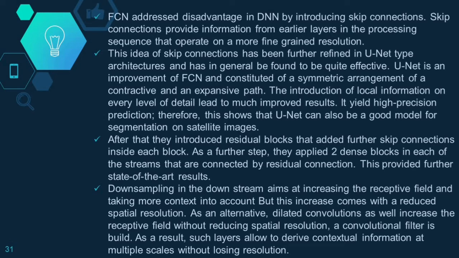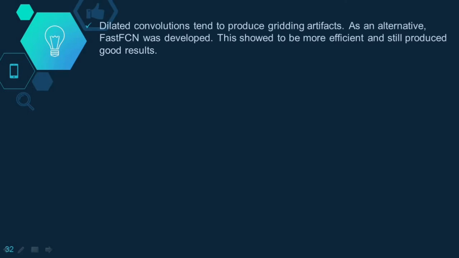But this increase comes with a reduced spatial resolution. As an alternative, dilated convolutions also increase the receptive field without reducing spatial resolution. A convolutional filter is built with gaps. As a result, such layers allow deriving contextual information at multiple scales without losing resolution.